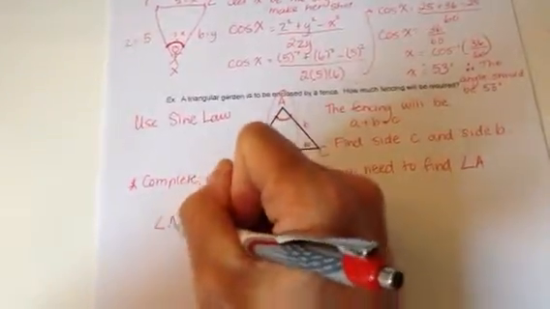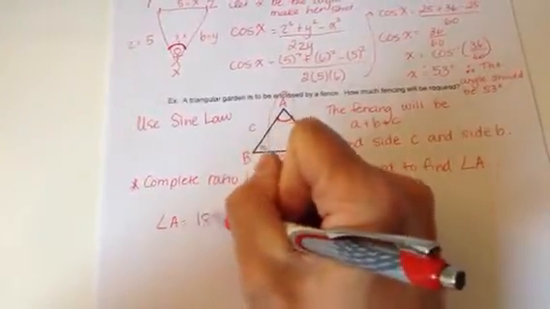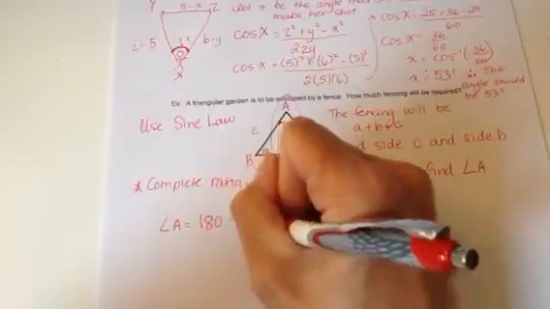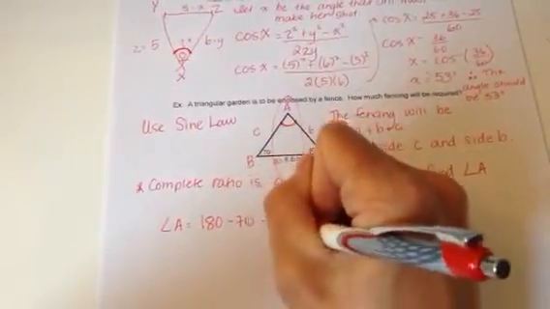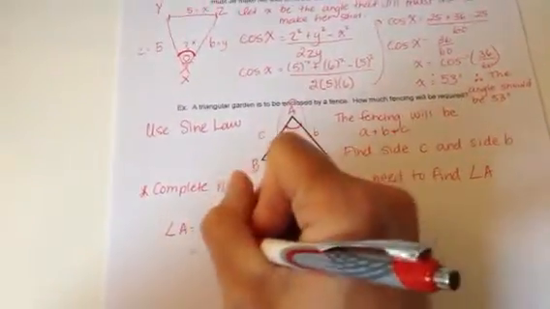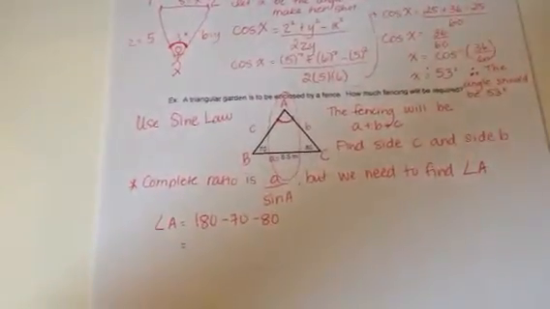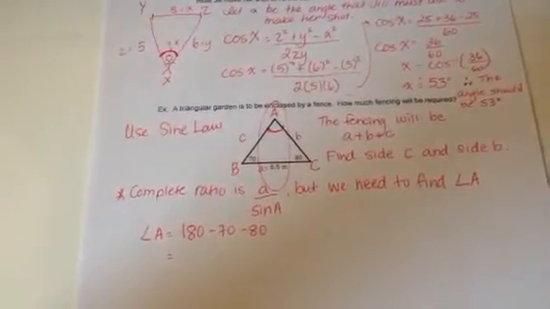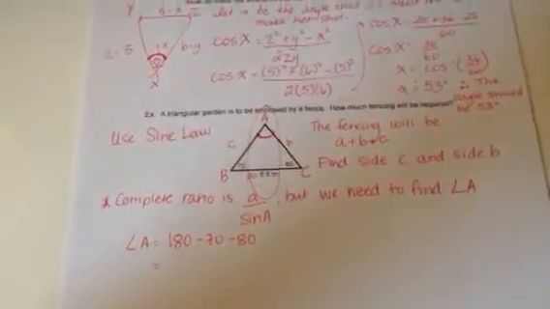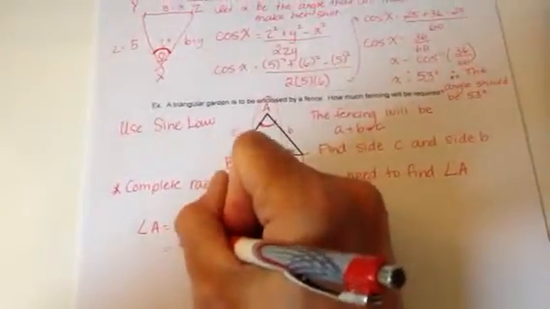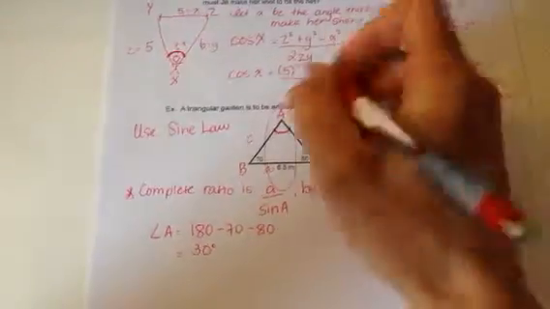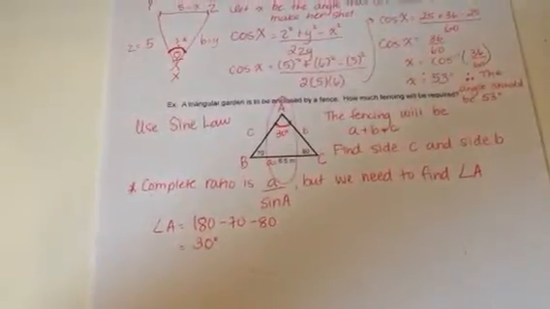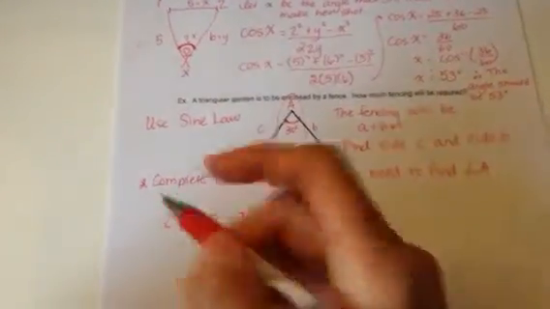So angle A, 180 minus the 70 minus the 80 should give you 30 degrees. I'm just going to check though. 180 minus 70 minus 80 is 30 degrees. So our angle A is 30 degrees. Now that we have our complete ratio, we can solve for our B and C.